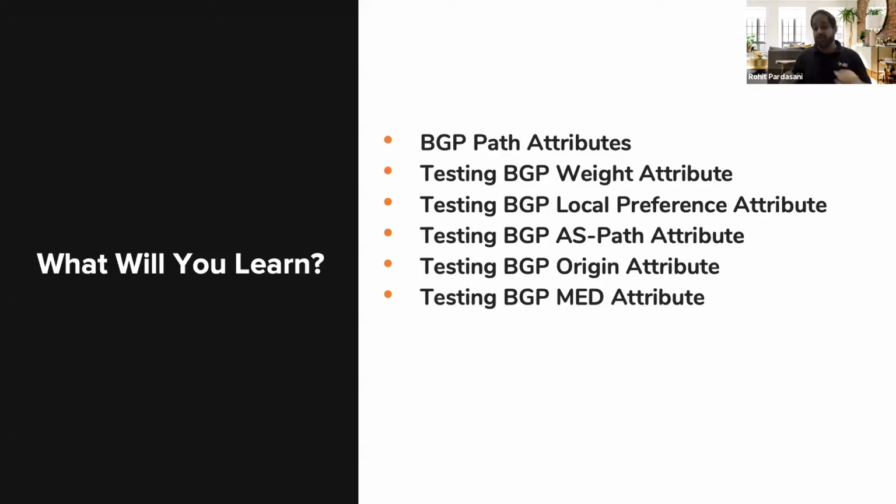So my topology would have a mix of IOS XE and IOS XR. So we would look at the BGP weight attribute. We would test local preference, AS path, origin, and MED. So these are the 5 main attributes that we would focus on in this webinar.